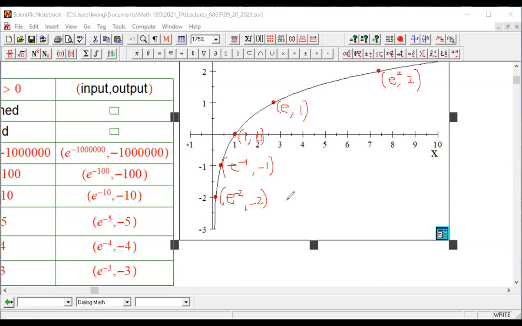What else? In this direction, if input gets larger and larger, what happens to the output? The output is getting what? Higher and higher yet, right? So you can see the domain is all positive numbers, the range is all real numbers.